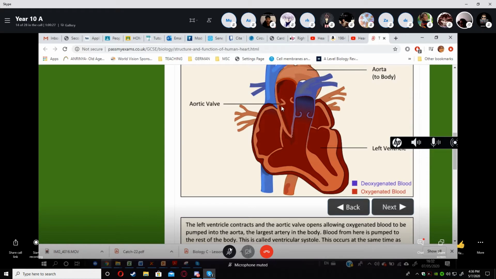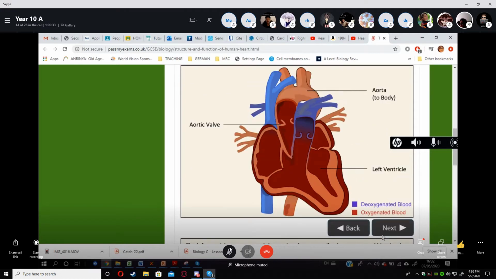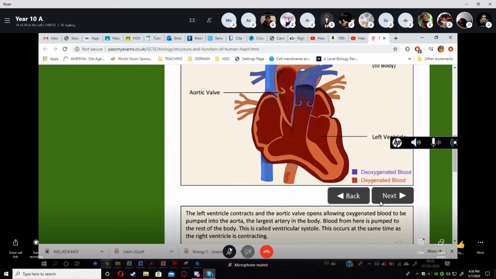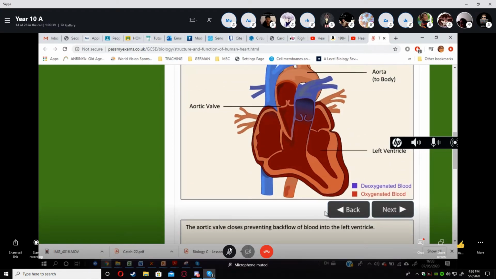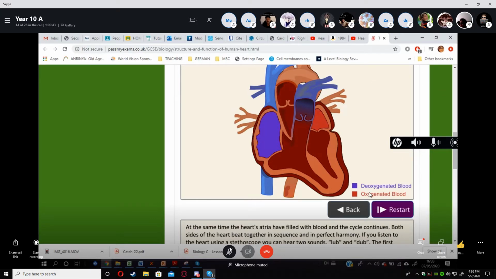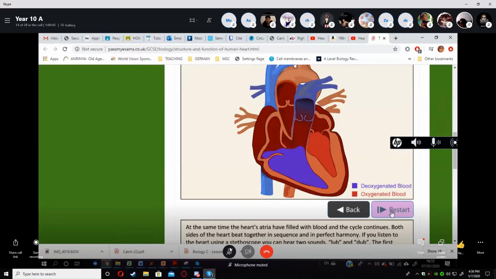The blood from here is pumped to the rest of the body. This is called ventricular systole. This occurs at the same time as the right ventricle is contracting. Remember that. The aortic valve prevents backflow of blood into the left ventricle, and then this whole thing starts again.